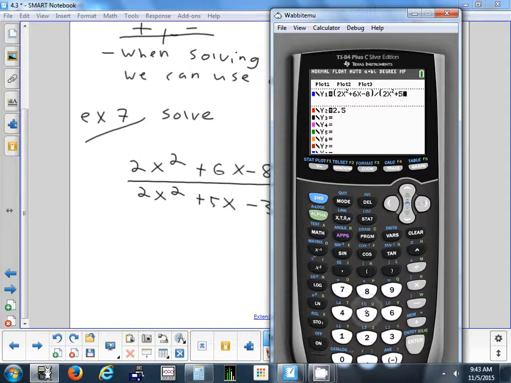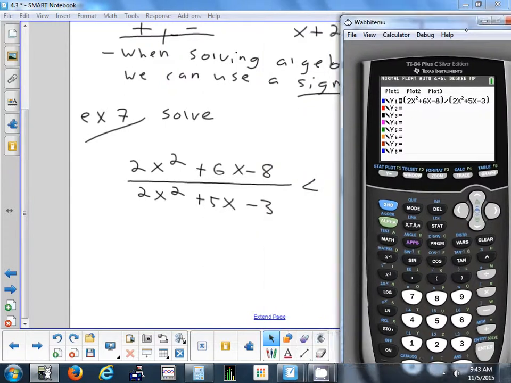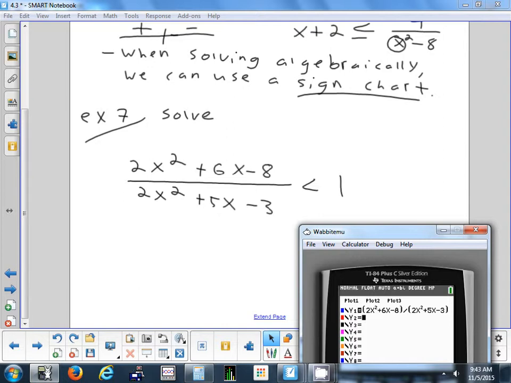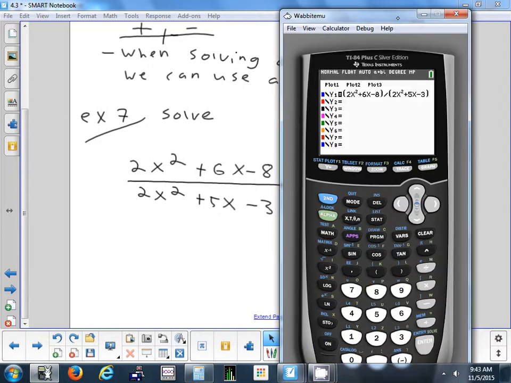I'm going to put that in y1. And what am I going to put in y2? 1. And what I'm looking for is where my graph in blue is below my graph in red.